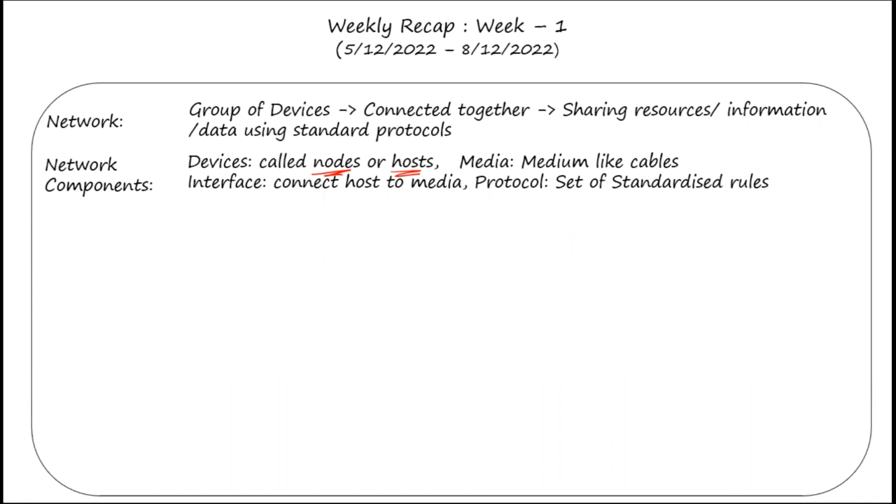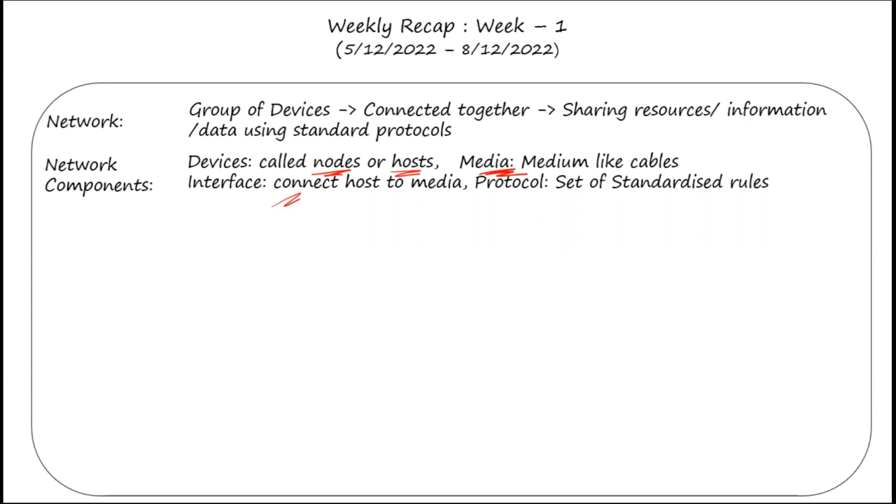So the second point was medium, how this particular device is connected to the internet. There could be various sources, like electrical cables, fiber optics, or radio waves. Radio waves we are generally using with mobile phones. Moving ahead, it then was interface. Interface is the connection between the host and the medium, like your integrated adapter.